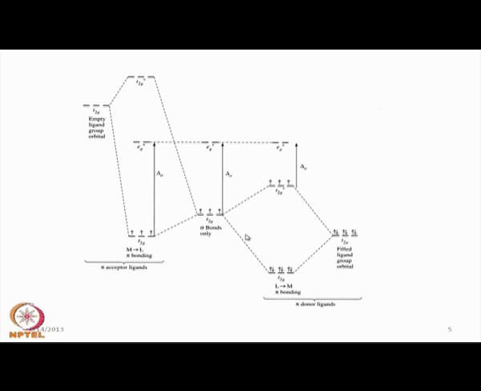Now, if we compare these two things side by side, earlier we considered that we have sigma bonding as well as pi bonding, and if the ligand is of pi type, so if we have pi bonding, the original separation is this, that means this is the T2G separation, and this has been shown for a situation with a D3 electronic configuration, that means the cobalt 3 system.